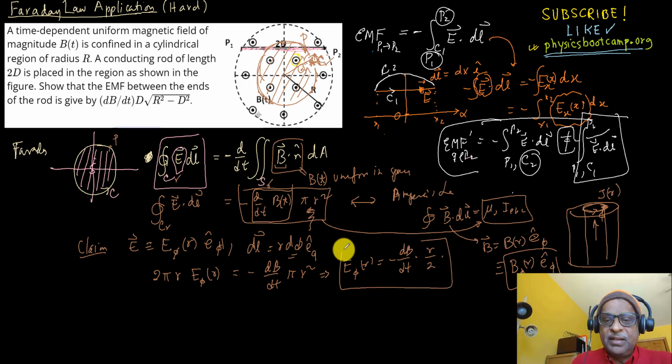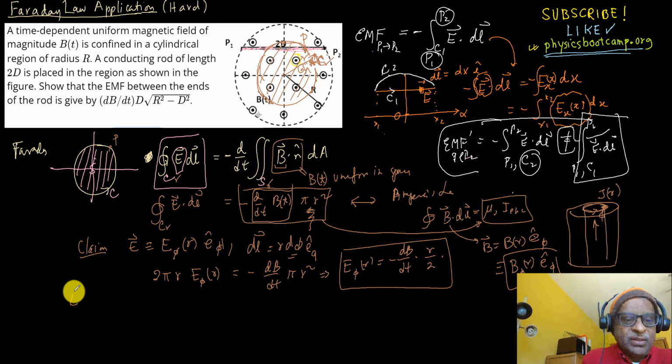So we found the electric field, and now we just have to do that integral. But we need the x component of this. So this is the phi component. So electric field dot i hat will be the Ex component.